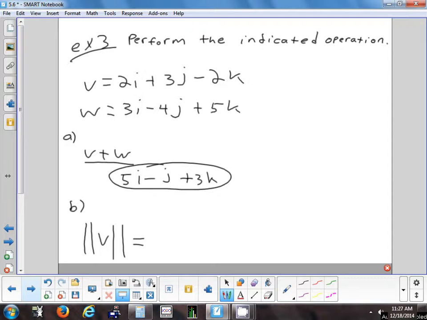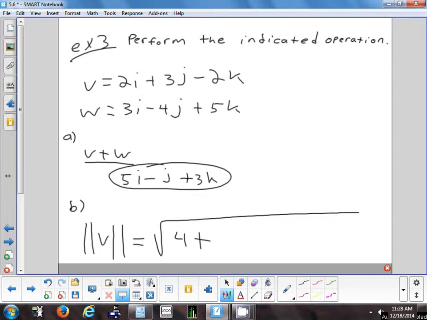Okay, that symbol, somebody remind me, what's that symbol mean again? That's the magnitude. So in other words, I want to know how long. Anytime you want to find magnitude, you should always write the square root symbol down first so you don't forget to do it. Put down a big square root. Our formula says square each component, add them up and take the square root. So Ben, if I square my i component, what do I get? 4.